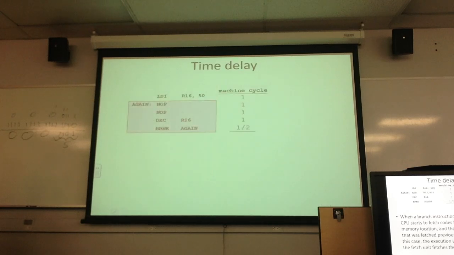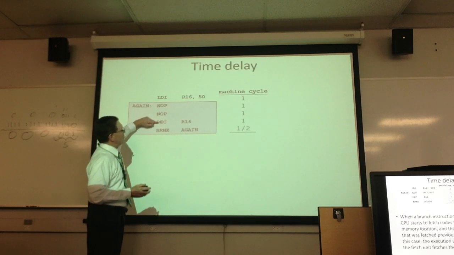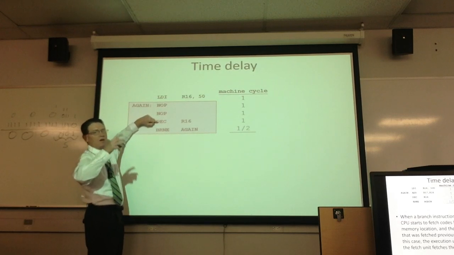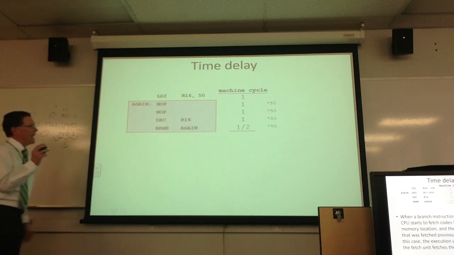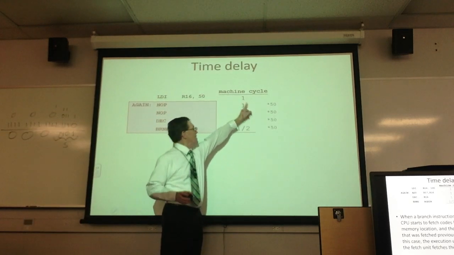Let me show you how you actually calculate this. What I need to know is, I'm going to load something with 50, and then I'm going to do some no-ops, and then I'm going to decrement that 50, 49, 48, 47, 46, all the way down. So this load instruction is executed only once.